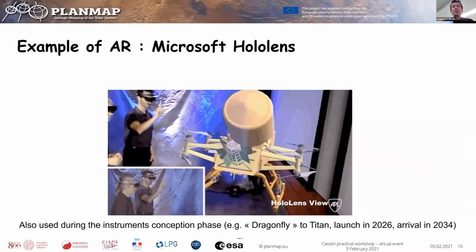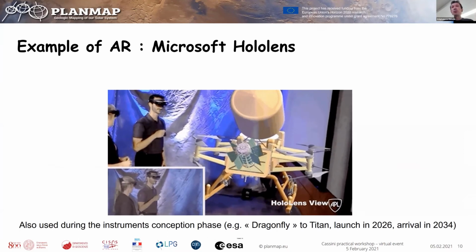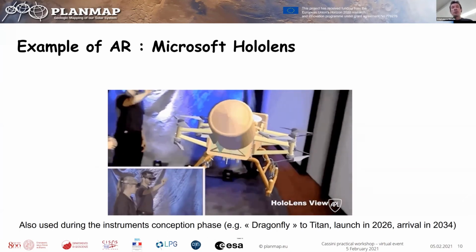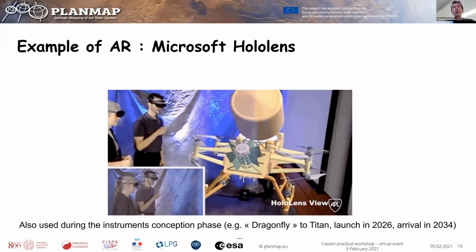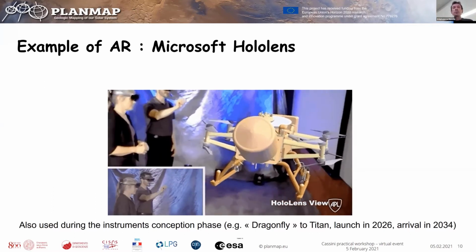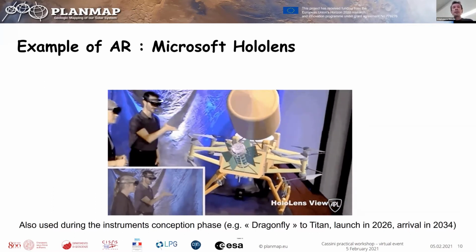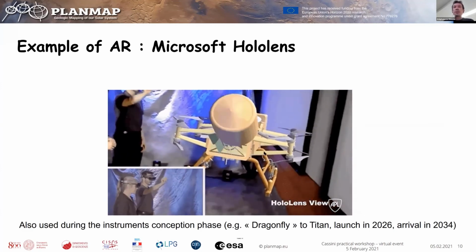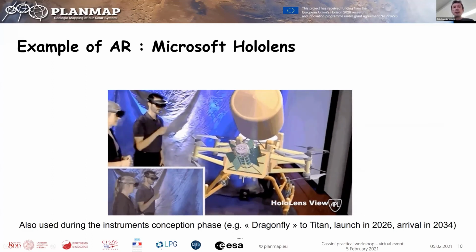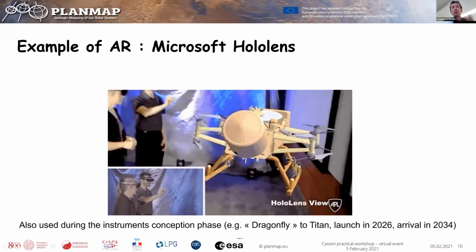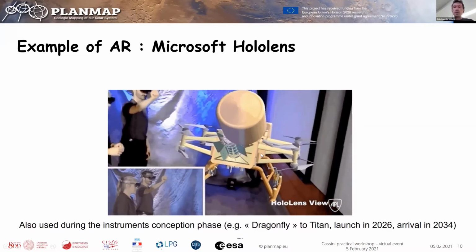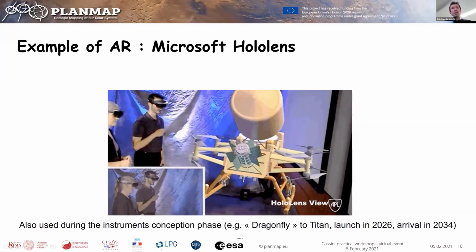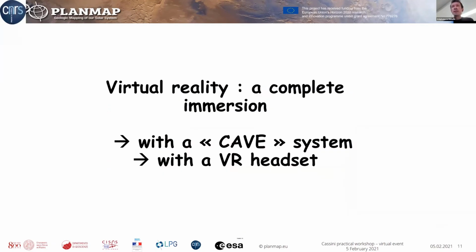It's basically the same kind of spacecraft as Curiosity, but you remove the wheels and you put rotor wings in order to fly in the atmosphere of Titan. For the design of this spacecraft, engineers are using the HoloLens, so augmented reality, in order to build the instruments and to optimize several parts of the instruments. So that was augmented reality.